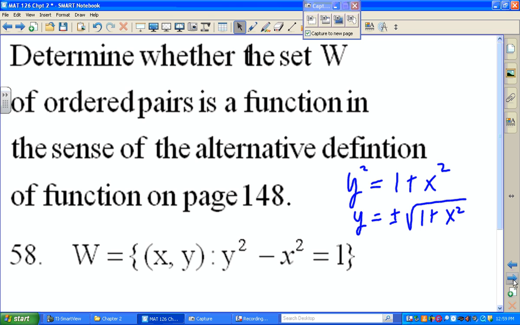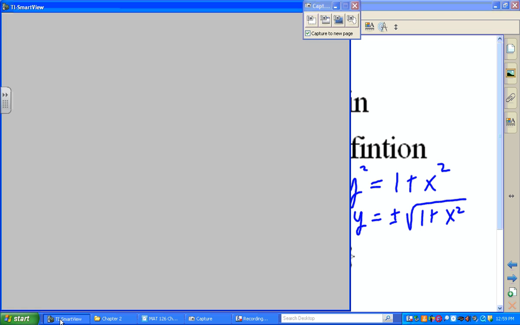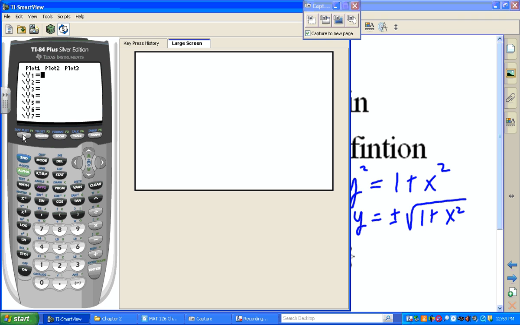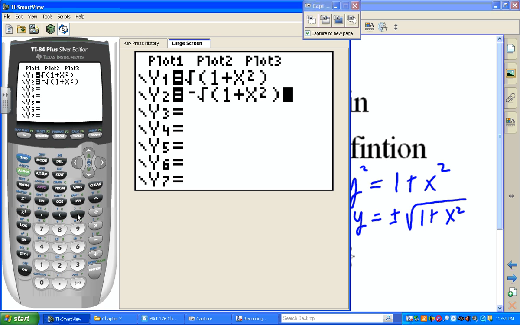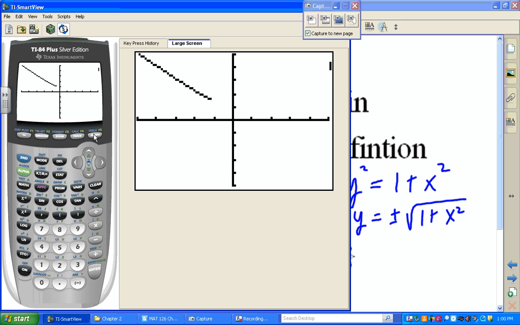I don't think that's going to be one, though, is it? Is it a hyperbola? I never got credit for that class, I don't think. Enter negative square root of 1 plus x squared. I wouldn't use the alternative definition. I'd use a graph. Is that a hyperbola?